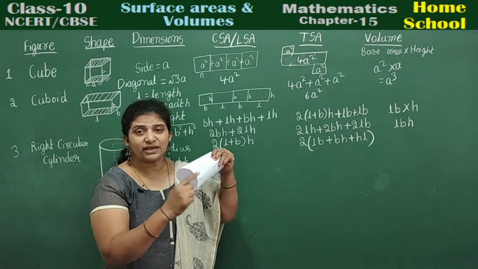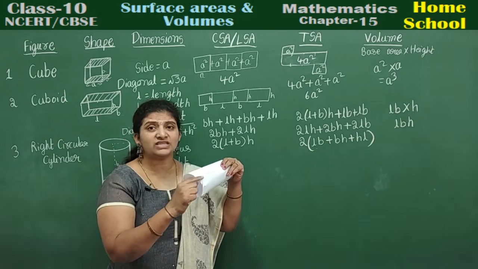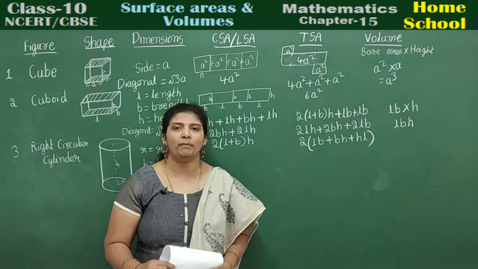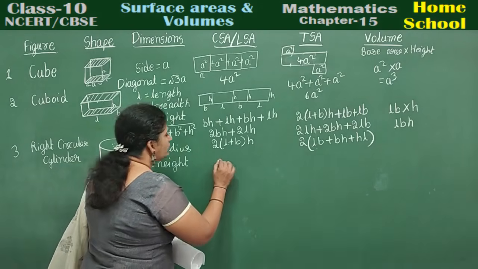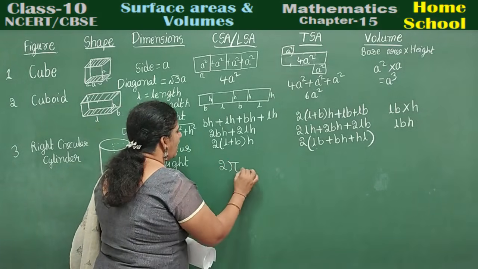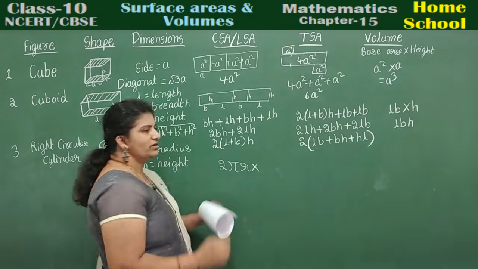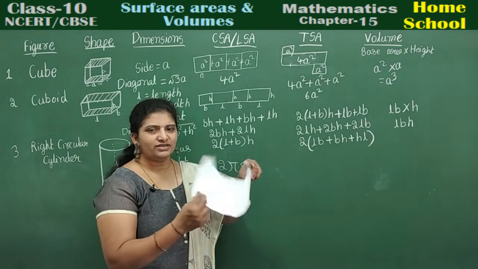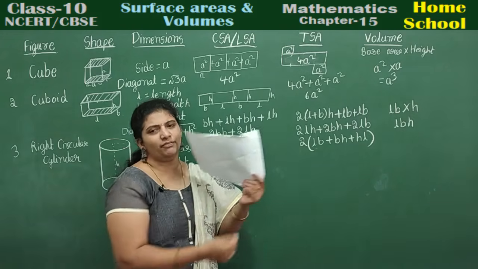What does the length become now? Circumference of a circle. What is the circumference of a circle formula? 2 pi r. So look here: 2 pi r into height, circumference of a circle into height. This is only length into breadth.